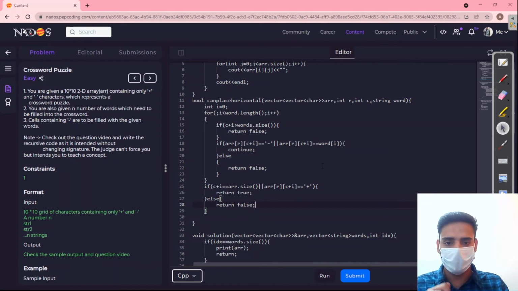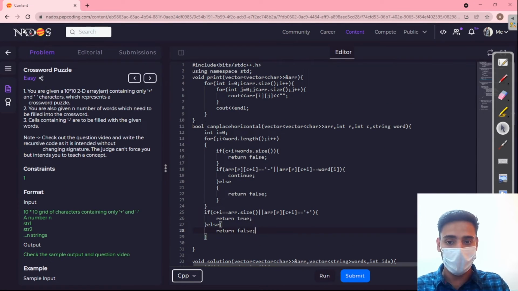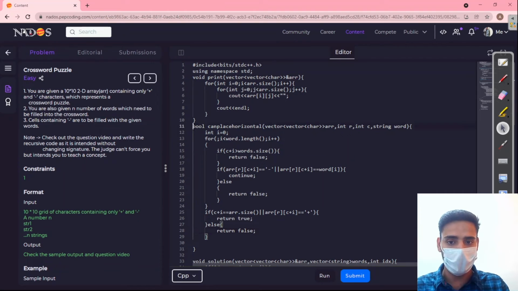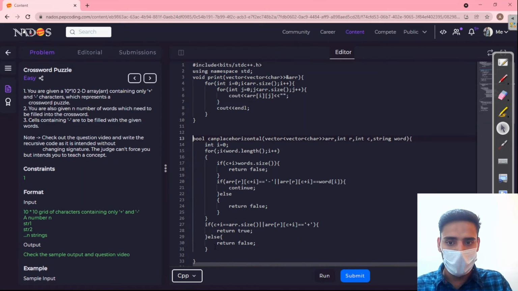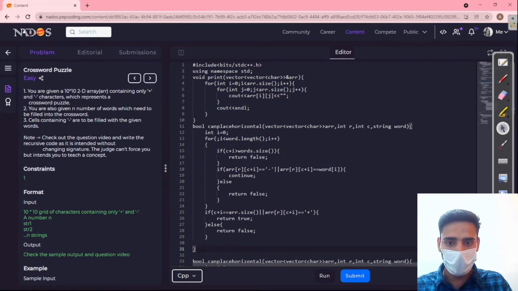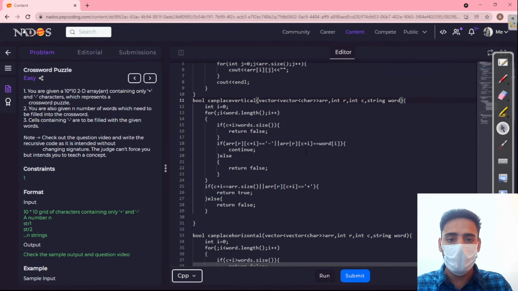So this is done. Now we are going to write canPlaceVertical. But do we really need to? No, because the code is going to be the same. We just need to copy paste it and make some very small changes. So we pasted it, and we have to write the function canPlaceVertical.